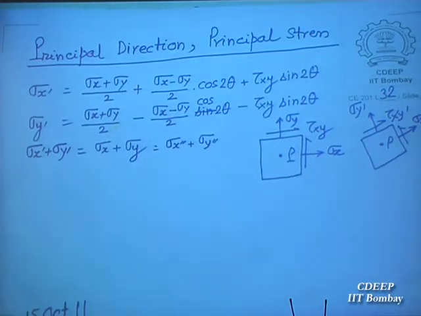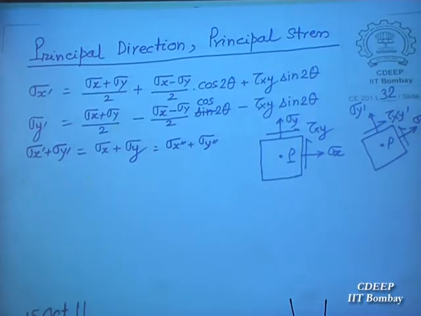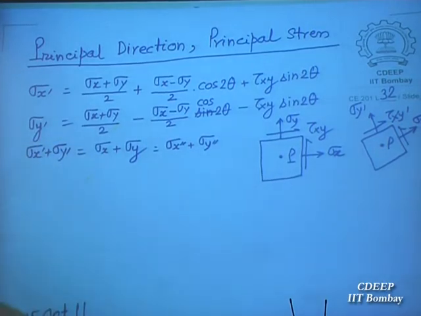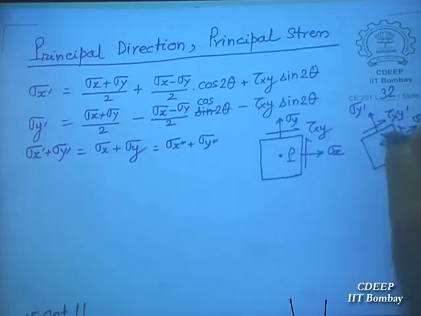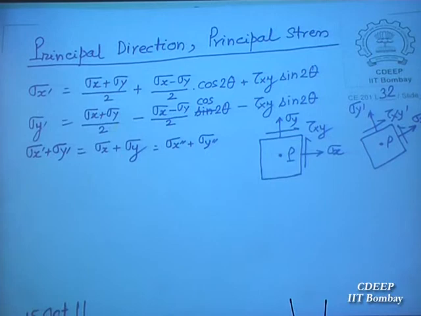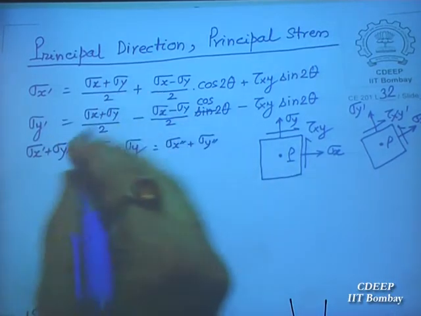With respect to any set of orthogonal coordinates, the sum will always be equal. This is one test. This is called the first law of invariance: the sum of normal stresses remains the same.